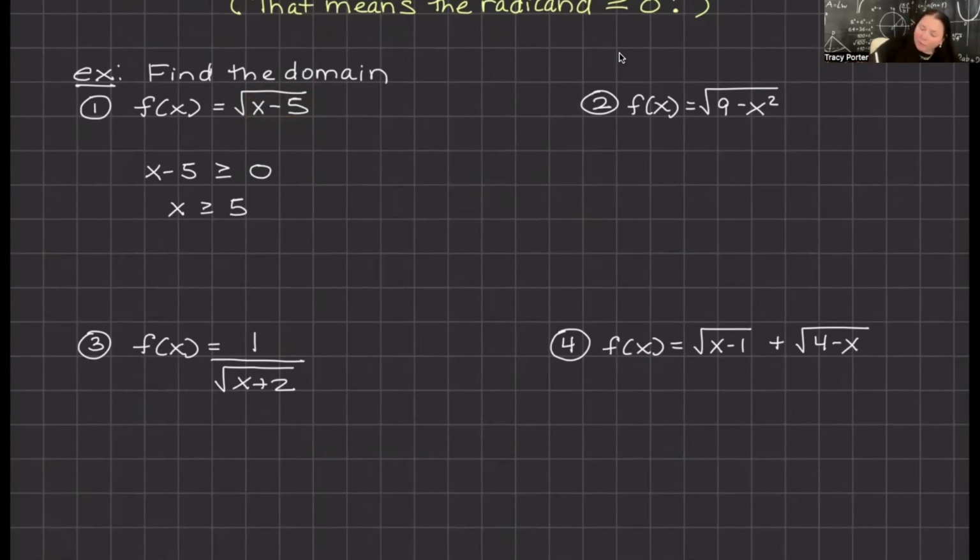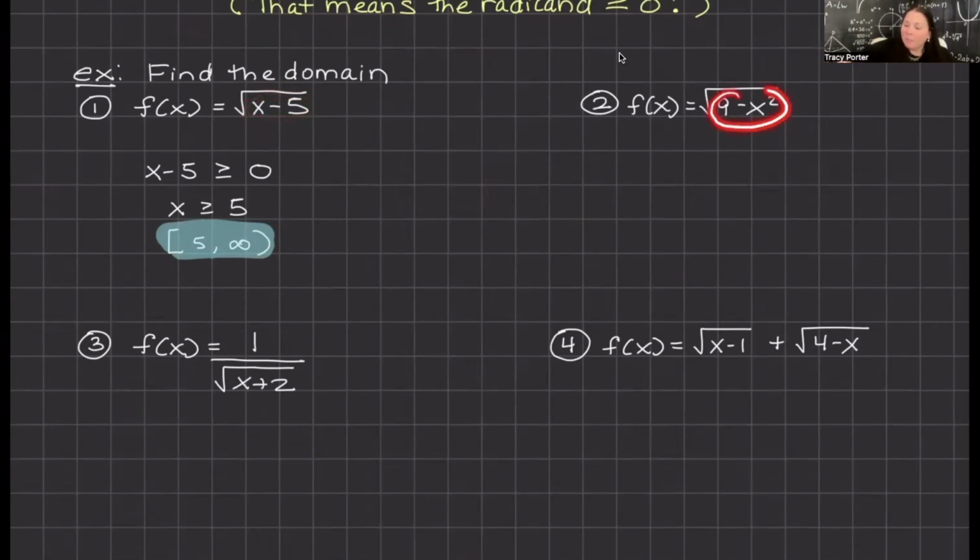In interval notation, we write that like so. The domain here would be any number that is 5 or greater, because if you put in 5, you can take the square root of 0. That's defined. That's 0. Any number larger will keep that radicand positive.